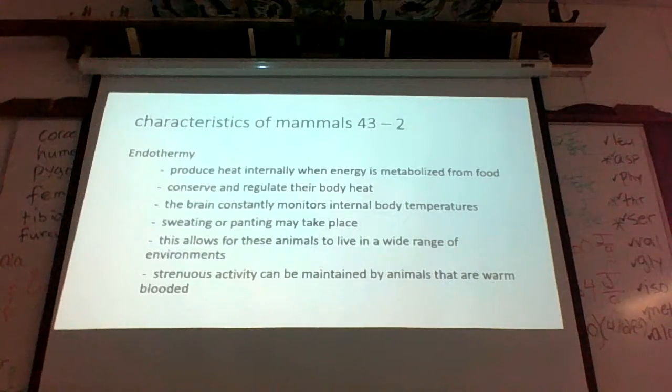Okay? And because of this concept, endothermy, being endothermic or warm-blooded, that allows these animals to live in a wide variety of environments. Because having hair and a high metabolism, they can create that energy that is vitally needed to, again, have all of those life functions take place.